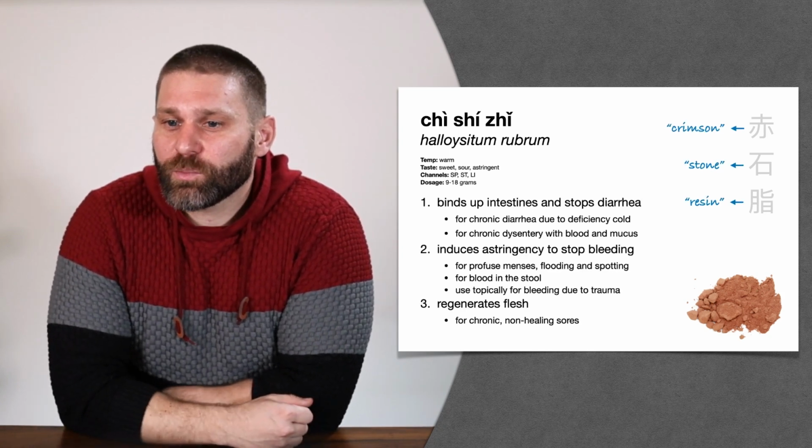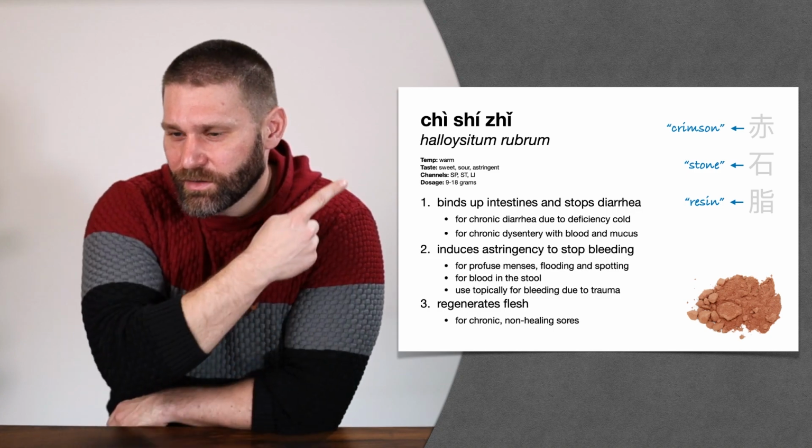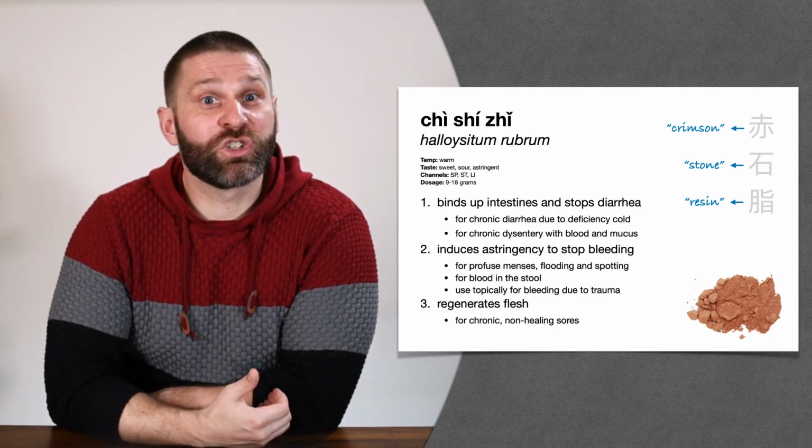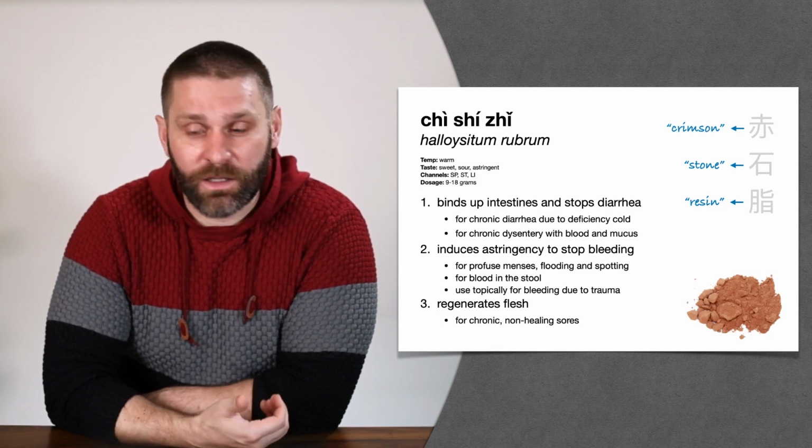So remember here we say chi, which means red. Shao is red peony. We kind of have two words for red that come up a lot. Hong also means red, like Hong Da Cao, Hong Ren Shen, or Hong Hua.